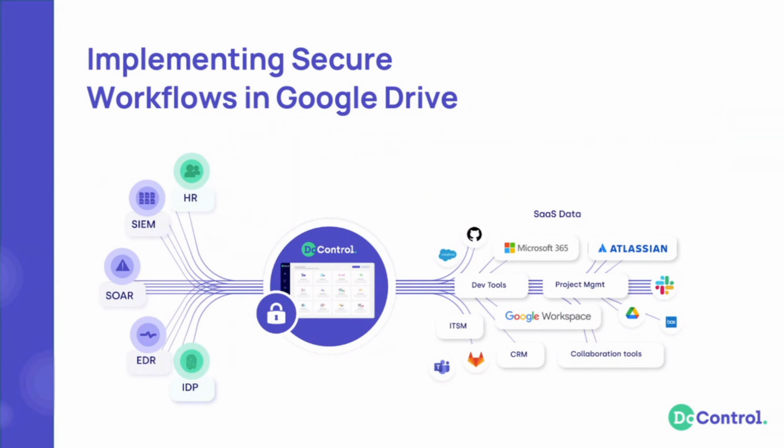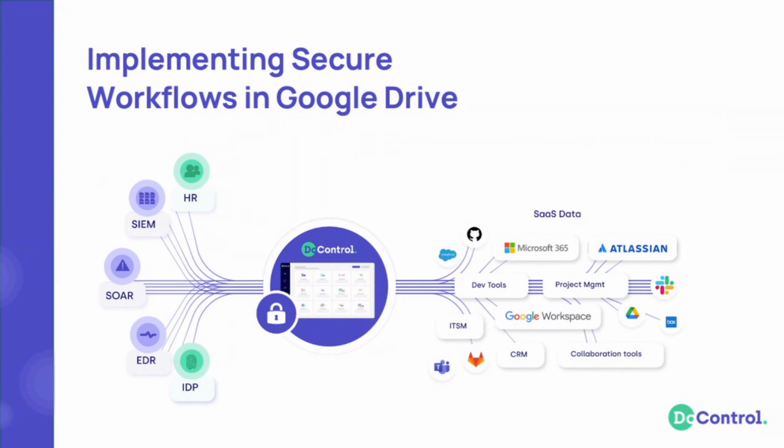And then if you look on the left-hand side of the graphic, it's essentially this bidirectional feed where we're ingesting data from your IDP. So all the groups and domains and identities that exist within the IDP are fed into DoControl. That allows us to apply specific access controls to specific groups, domains, and identities. Not every user needs the same level of security controls to be applied. So this allows us to enable, again, granular access controls.